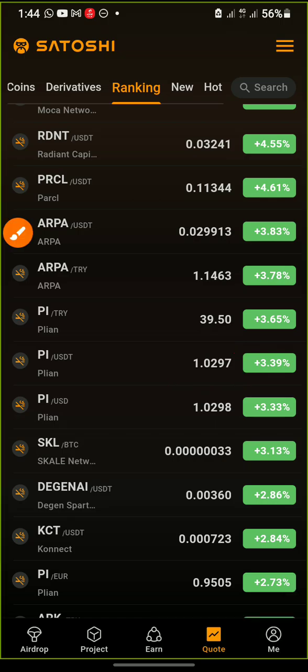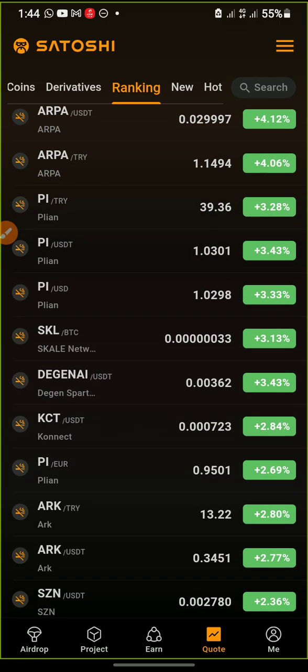So right now is not the time for you to sell because it is increasing. If you sell right now, you will not make gain because it won't drop right now. Pi price is still increasing. It will reach like 1.5, or $2 or so.